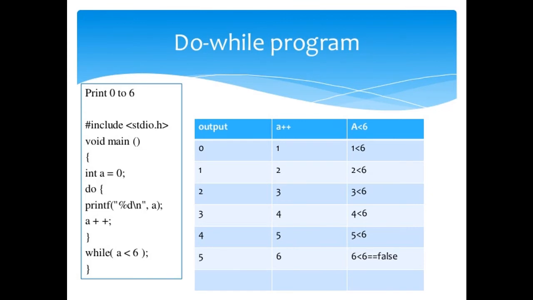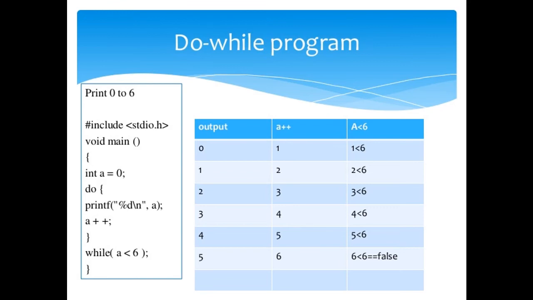Let us see what will be the output. The initial value of a is 0. So printing the a value 0, a plus plus, which means incrementing the a value by 1. So 0 plus 1, 1. Checks the condition 1 less than 6. The condition is true, so the control transfers to the executable part.